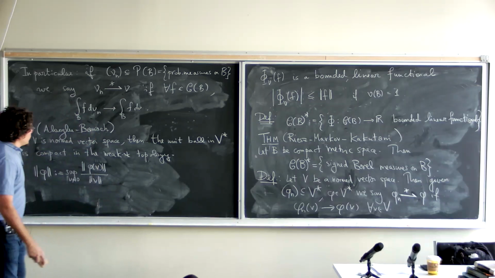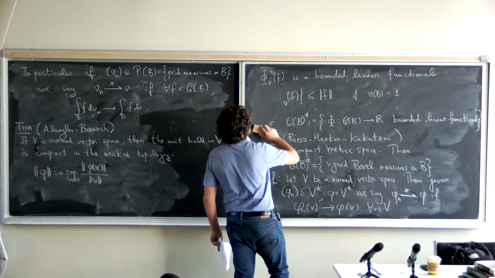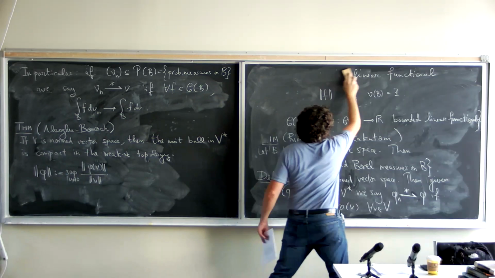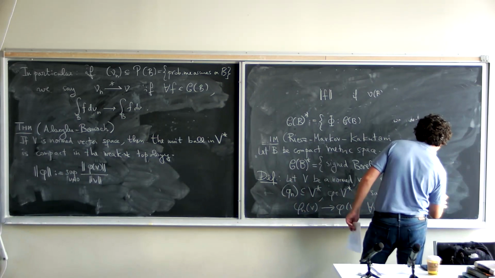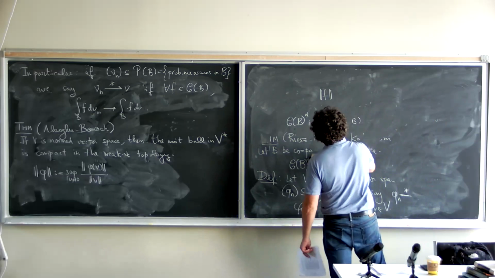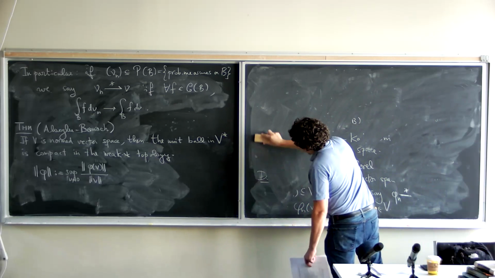So it's always useful to think of functions and measures as dual spaces to each other, in particular because we're going to look at convergence of measures very often. And so this will come in handy.